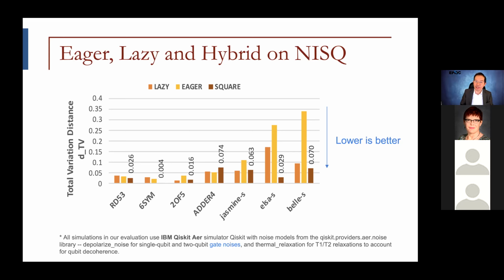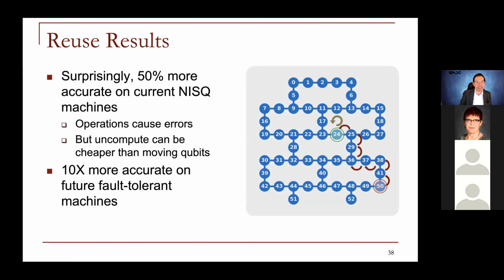But what we found was doing uncomputation can improve fidelity on NISQ machines by 50%. Okay, and that actually was quite surprising to us, right? Because we didn't think that using gates to do uncomputation would save us that much on NISQ machines.